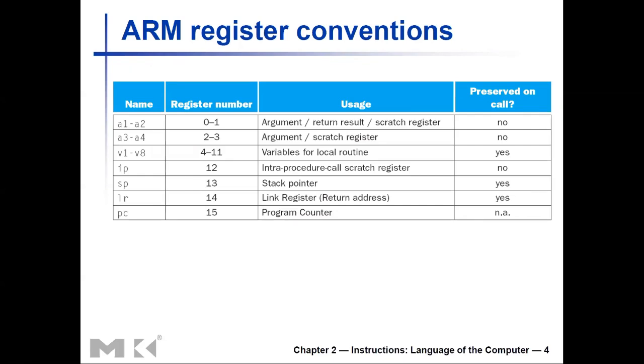For example, this 13th register, we use it as the stack pointer. The stack pointer we'll discuss later. And this 14th register, we use it as the link register, where we'll be storing the return address actually. And this 15th register is used as the program counter.